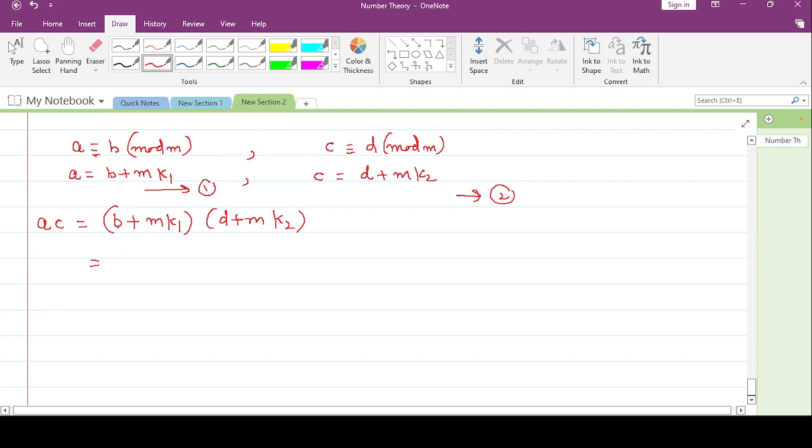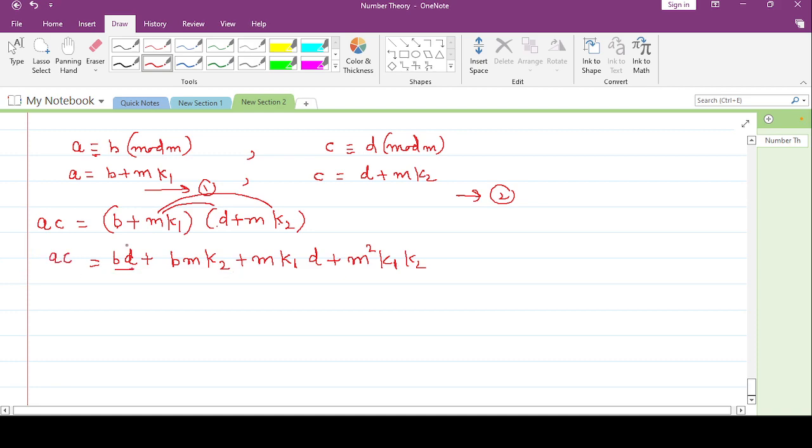So multiply: b into d, bd, then b mk2, plus multiply this with this, mk1d, then next multiply this with this, m into m is m square, k1 into k2. So it is ac.